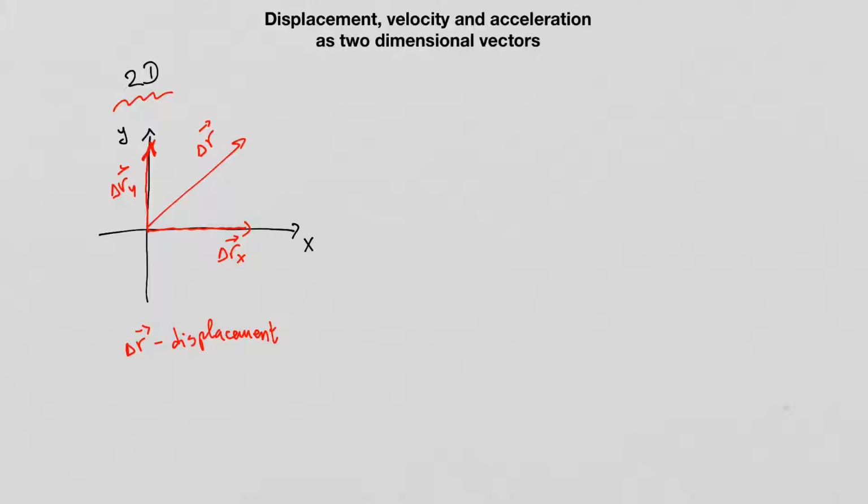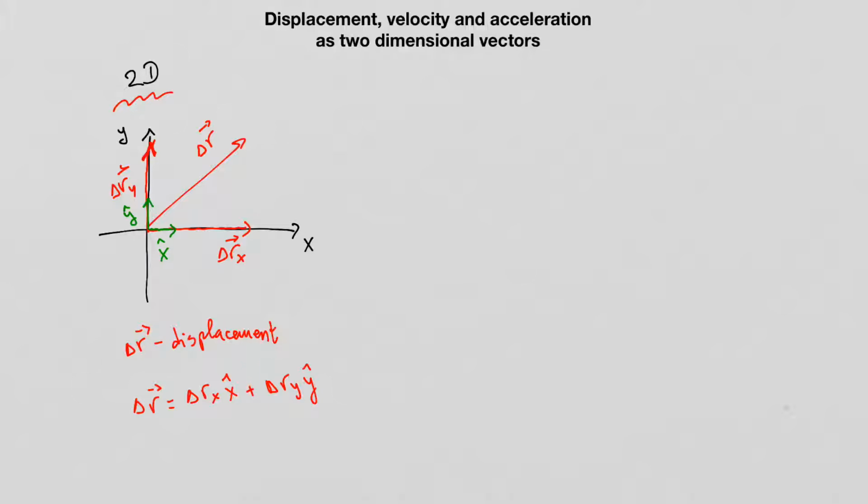And of course, if I introduce unit vectors to this representation, x hat and y hat, then the displacement vector can be also written in unit vector notation as delta r is equal to delta Rx, the magnitude of the vector component, times x hat, plus delta Ry times y hat. And so this is the unit vector representation of the displacement vector, which is a two-dimensional vector.